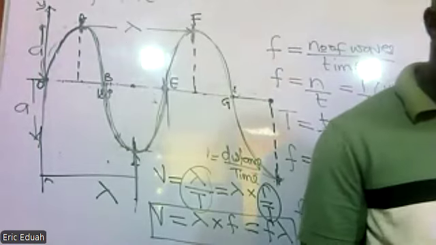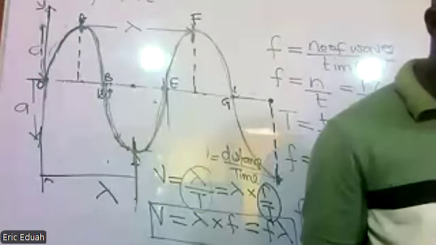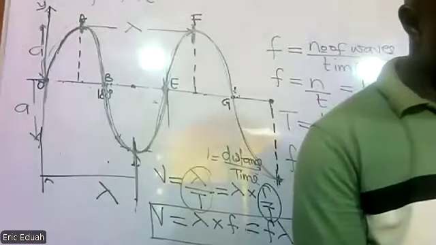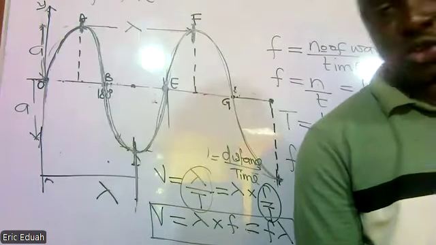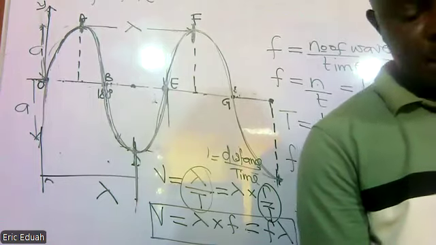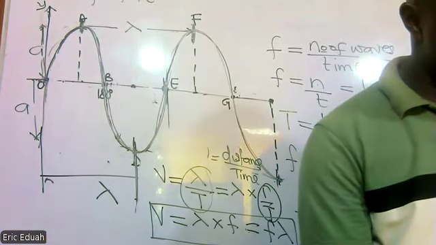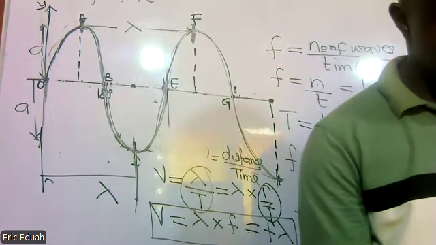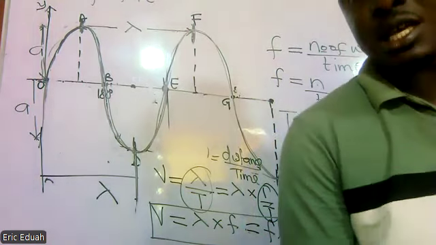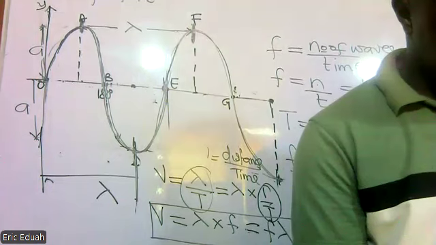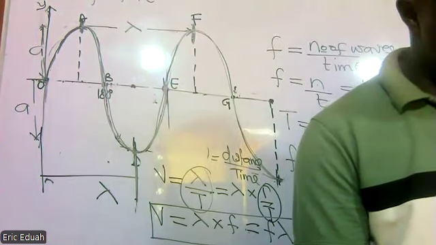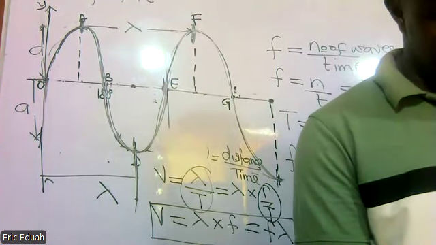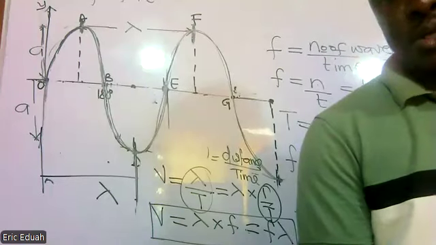Question 2. The distance between a crest and its adjacent trough on a transverse wave is 6.0 centimeter.